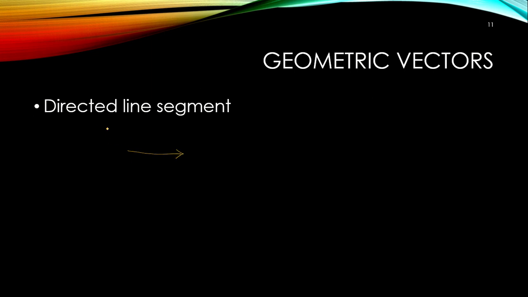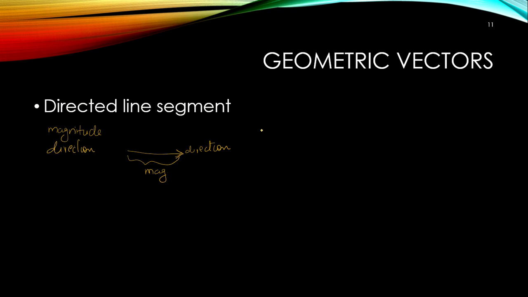Earlier we said that a vector has magnitude and direction. The length of the line represents the magnitude and the direction of the line represents its direction. So it is a directed segment.